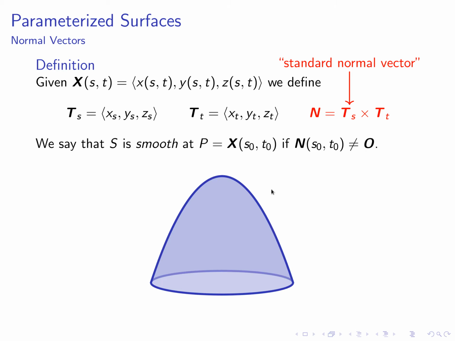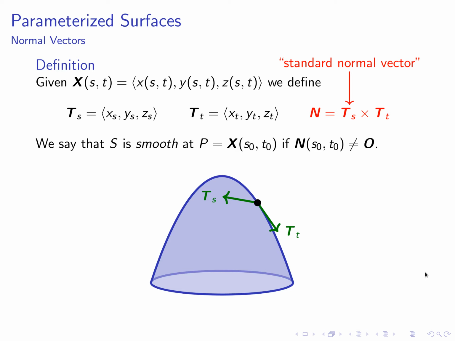So here's just a generic visualization of a surface. The idea is that if we choose a point on this surface, we can define these first two vectors, t sub s and t sub little t. And these two vectors are actually tangent to the surface at that point.